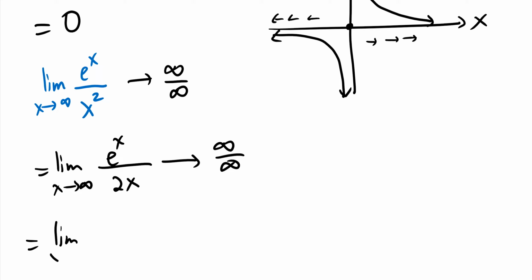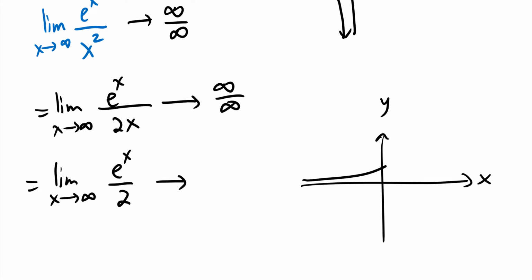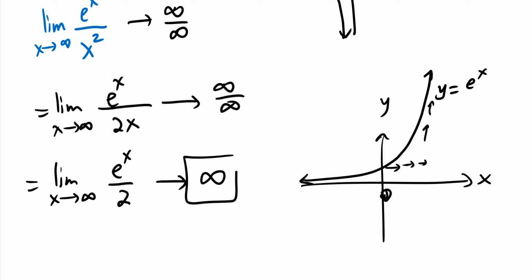One more, let's check. Derivative of e to the x is e to the x over 2. Where does that go to? Well, again, that's why graphing is important. That's the graph of y equals e to the x. As you go to the right side, the graph goes up. So it's infinity. And infinity is okay as an answer for the limit.